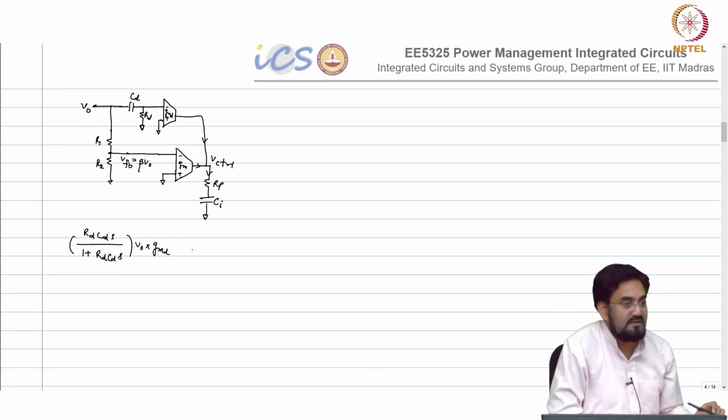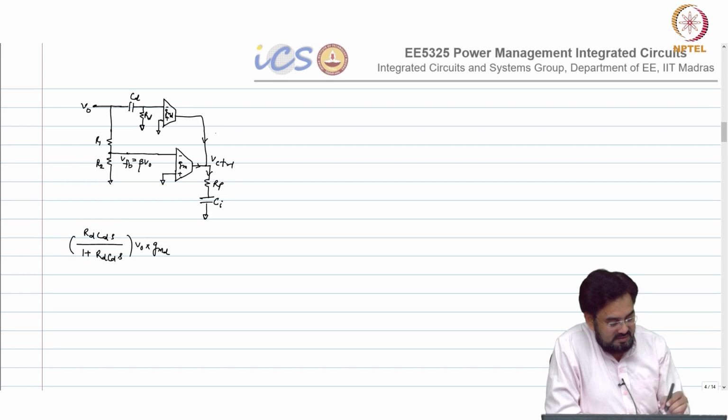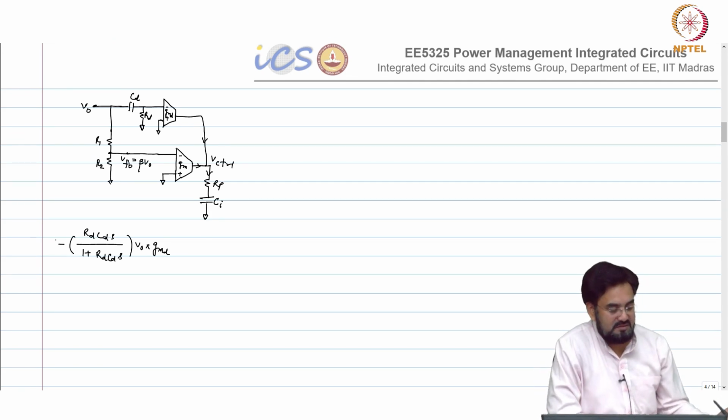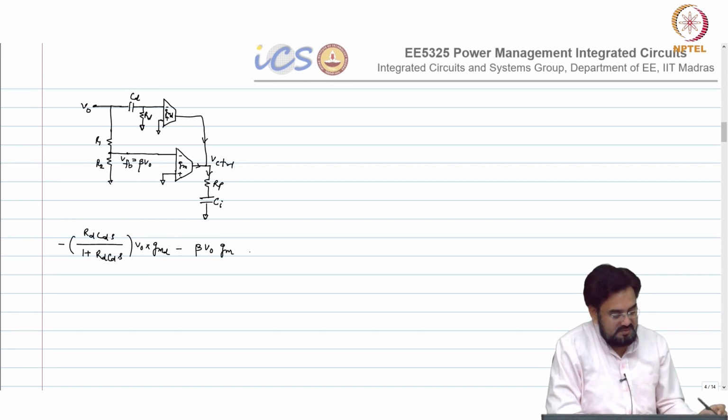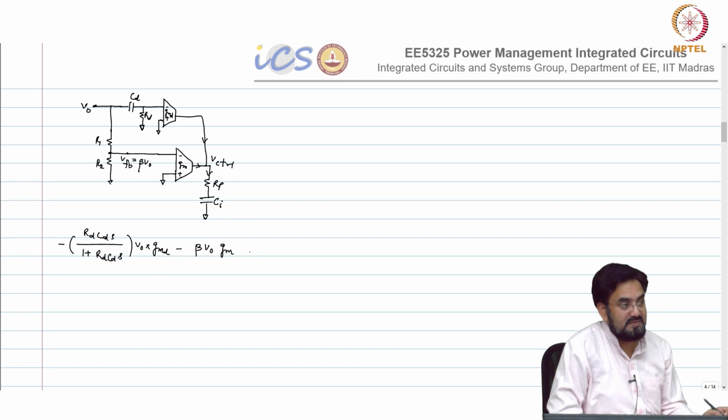That is the first current, and since it's going outside, if I take it as coming inside, this will become negative, because we are giving it at the negative input, so from the GM point of view this current will be negative, and this one will be beta V naught into GM, correct?